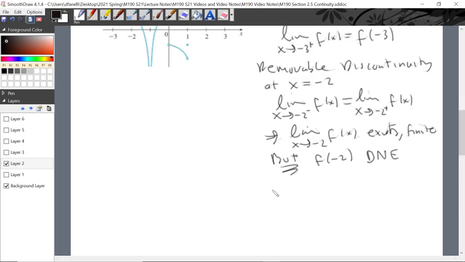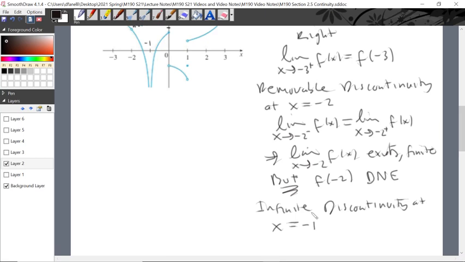Infinite discontinuity at x equals -1. Now what happens in terms of the limits there?